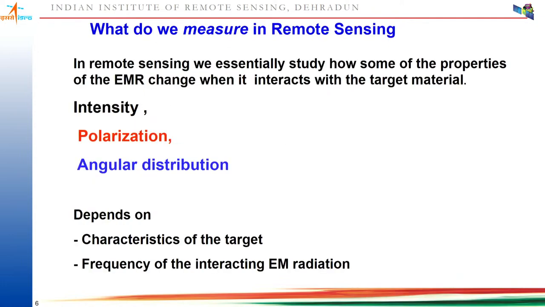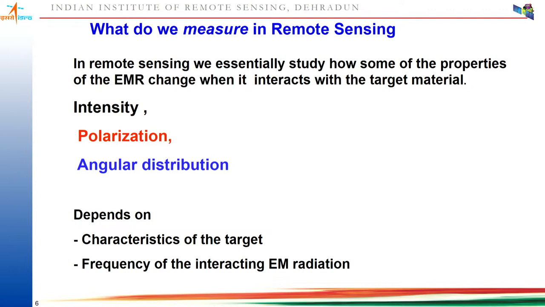Now, what do you measure in remote sensing? In remote sensing we essentially study how some properties of electromagnetic radiation change when it interacts with the material bodies or the target material. The important changes are the change in intensity, the change in polarization, or the change in angular distribution.